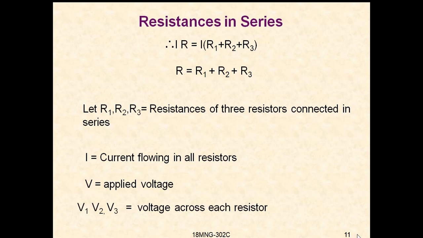Here V1, V2 and V3 are the voltages across each resistor.